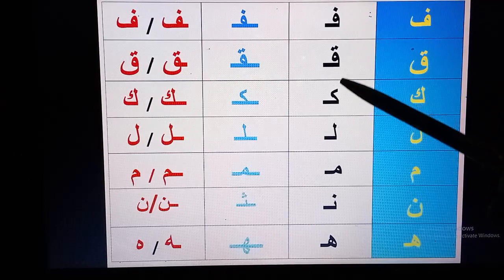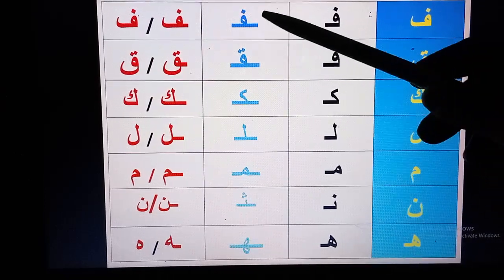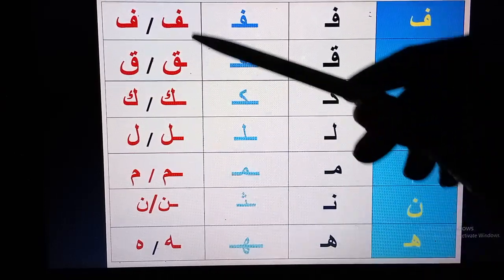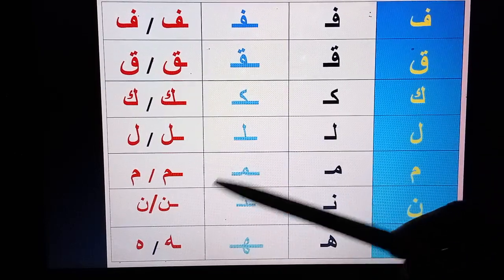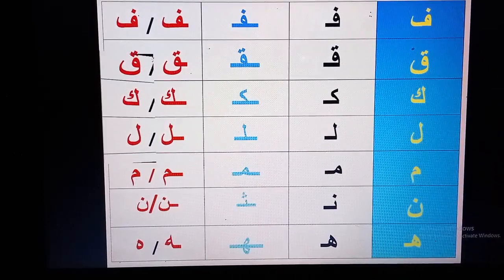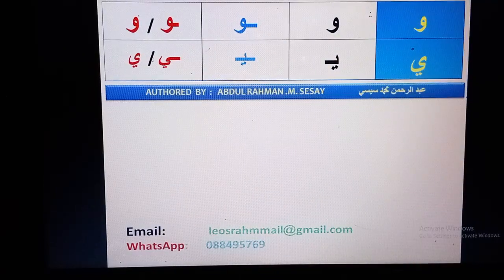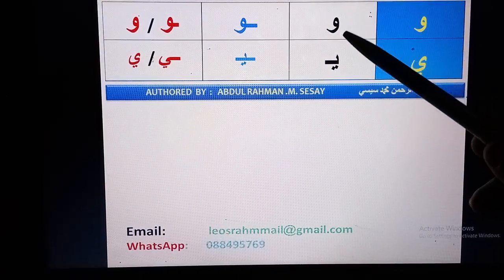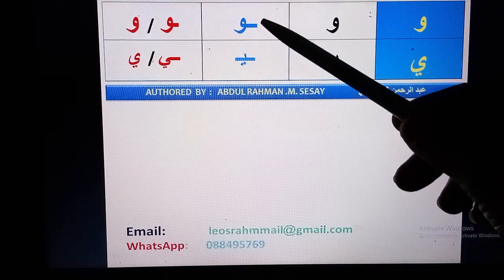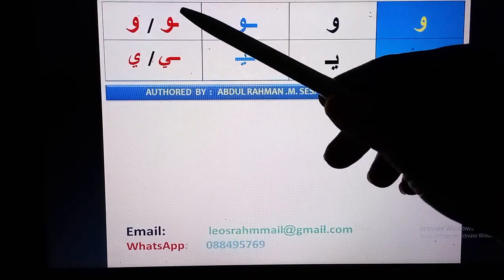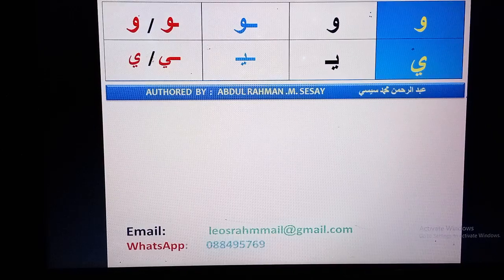Same thing at the beginning, middle, and end of a word. Then Waw: at the beginning of a word, this shape; in the middle, this shape; at the end, this shape.